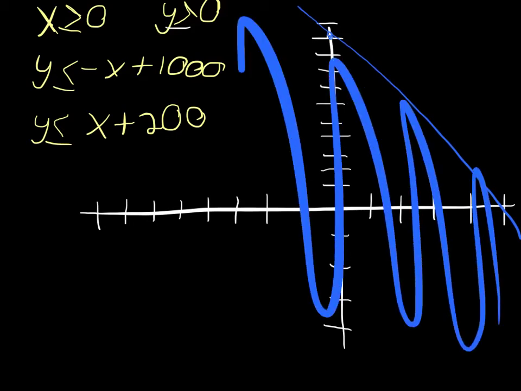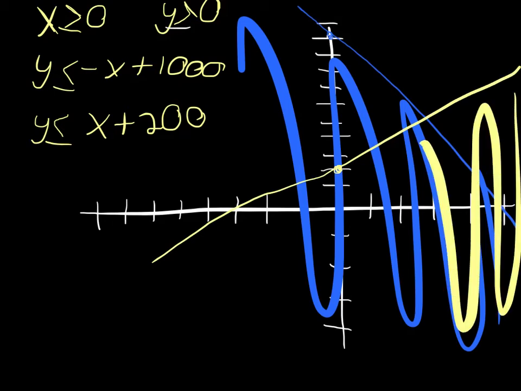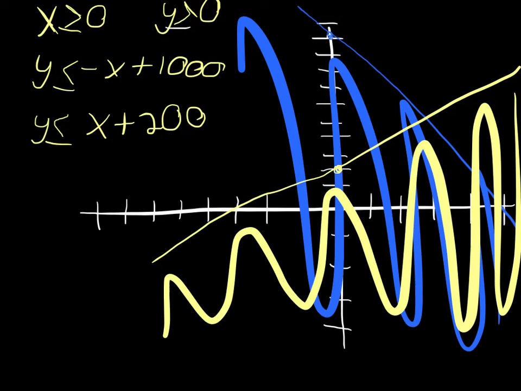Y is less than or equal to X plus 200 has a y-intercept of 200, and it goes up at X, and it's less than, so you shade down. This section is overlapping all the equations.